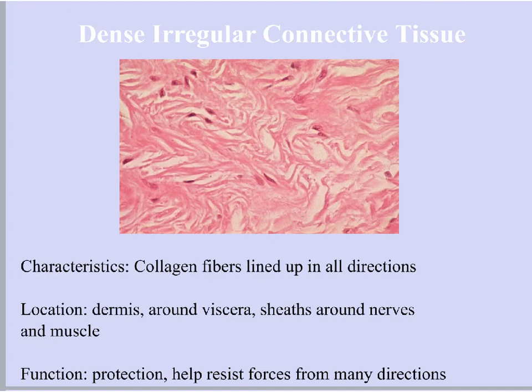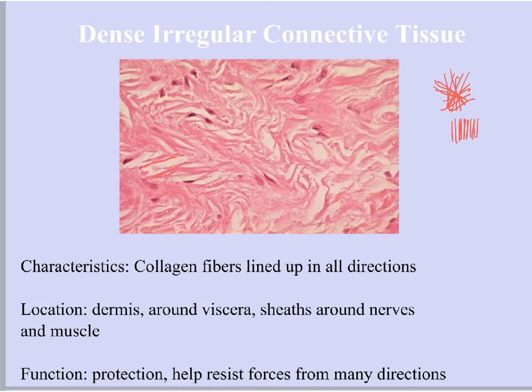Okay, and then the last type of tissue we'll cover for part 2 here is dense irregular. And dense irregular, remember, the fibers have no pattern, they're kind of just scattered. They're still densely packed, but you don't have that nice arrangement like we see in dense regular. So in this micrograph, these are the fibers.